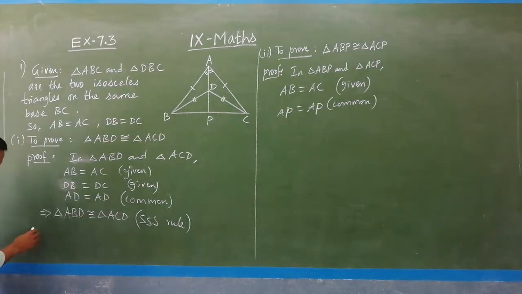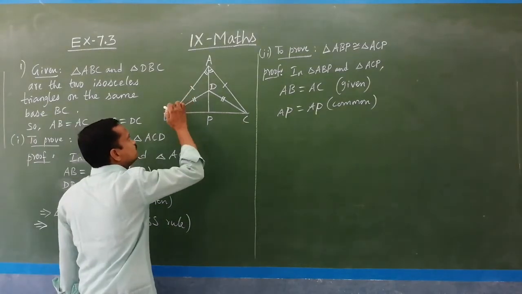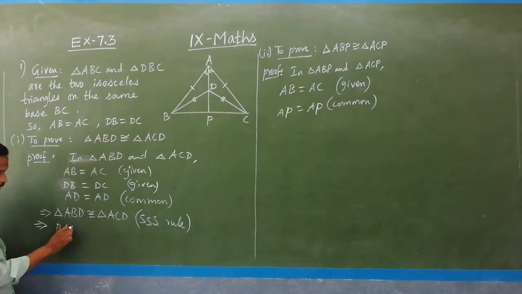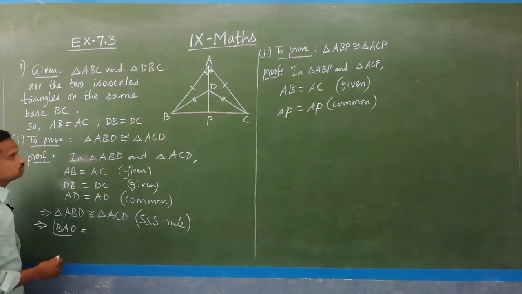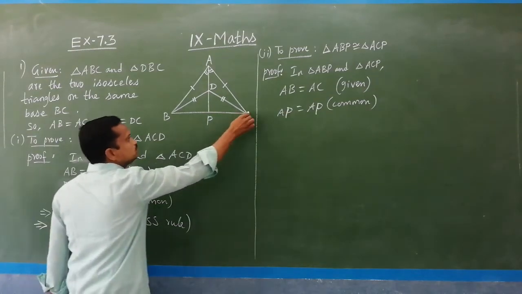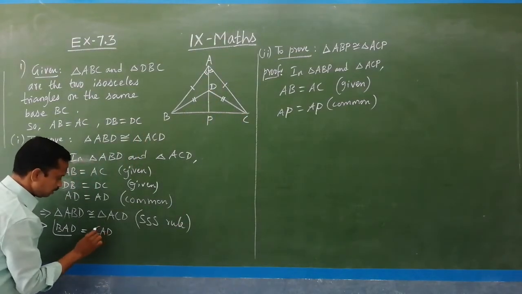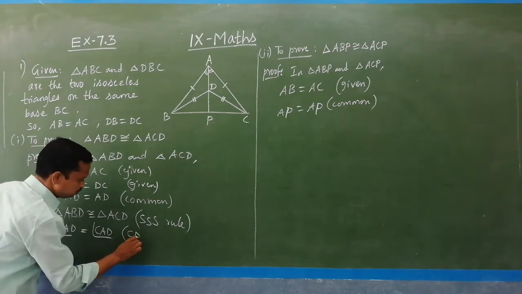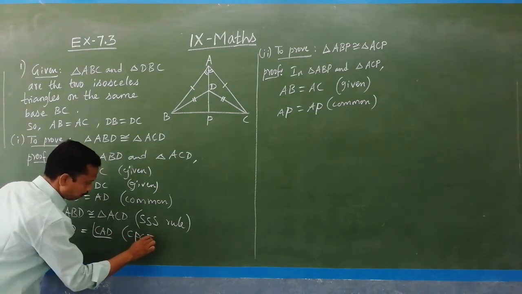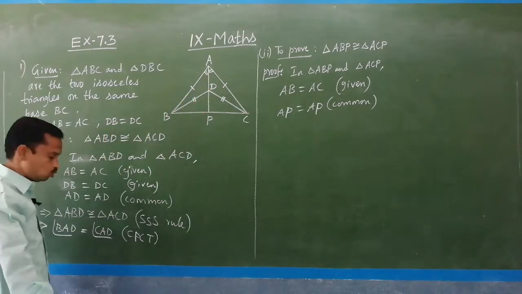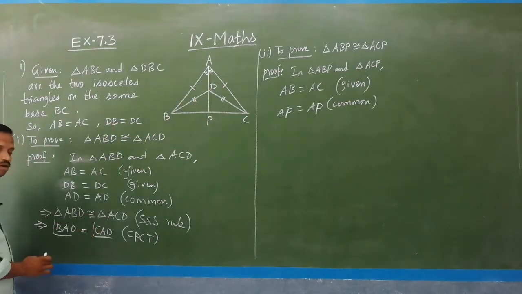From this we can say angle BAD is equal to angle CAD by CPCT, because these 2 triangles are congruent.